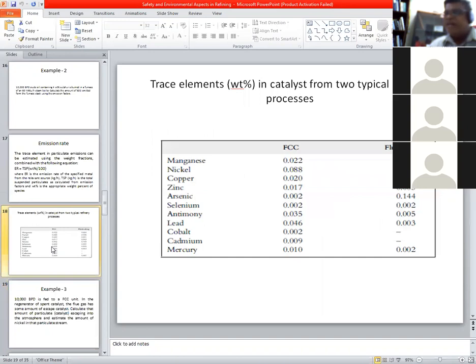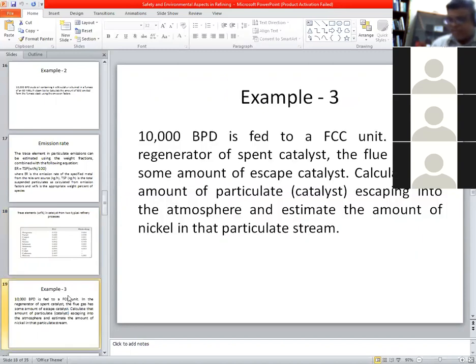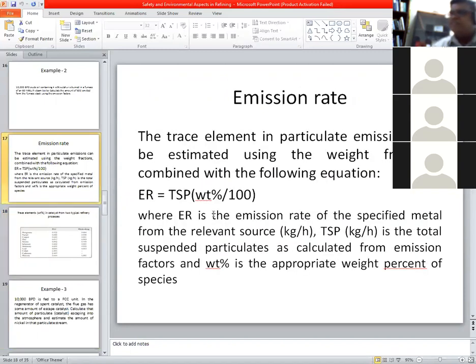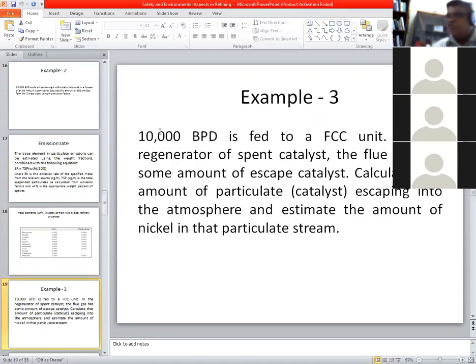Then again by referring to this table, we got the nickel trace element weight percentage, which is 0.88. So we refer to this equation: the emission rate of the trace element will be the total suspended particulate matter. So here 0.88 over 100 times the value we got using 10,000 times the emission factor. So we can calculate the amount of nickel.